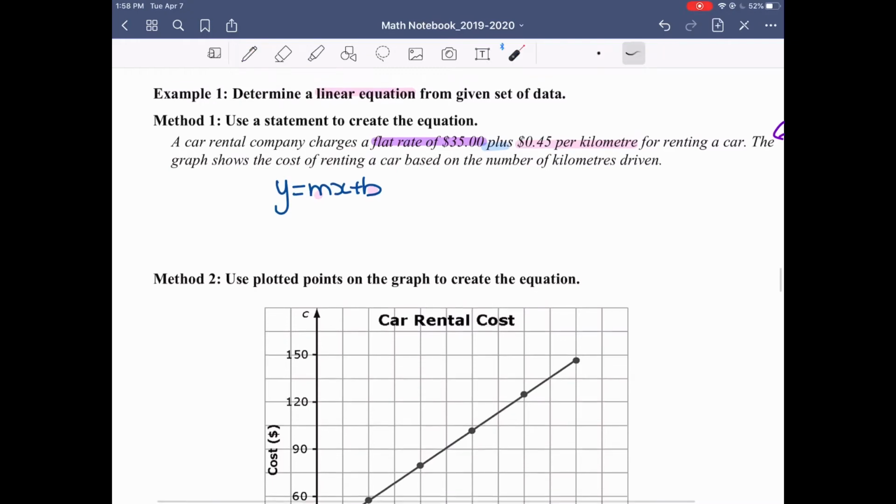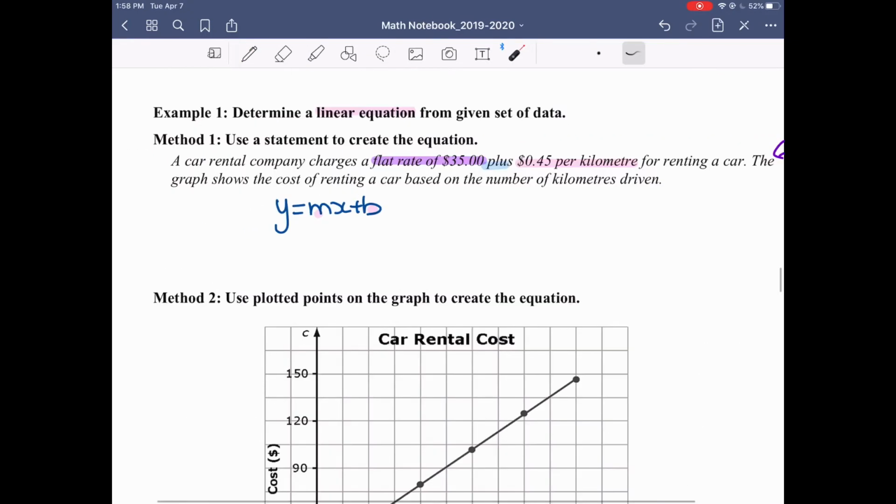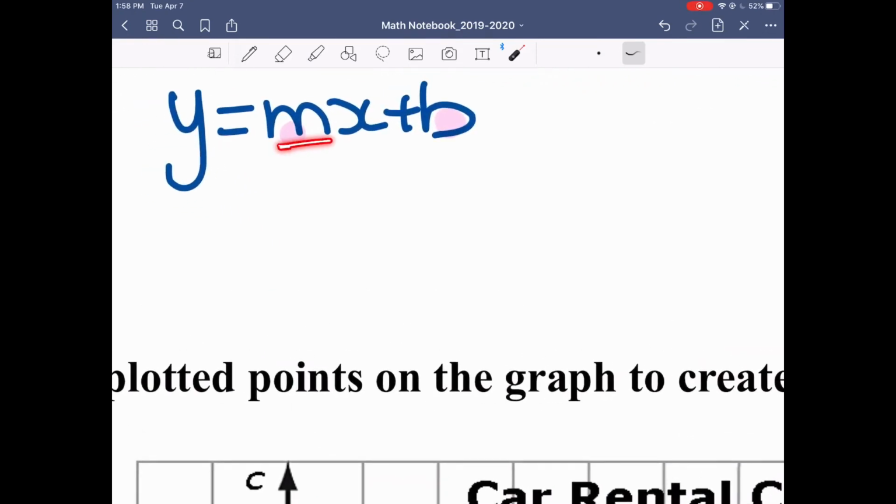So if you look here, m, the slope, is actually a coefficient, right? It's attached to x. It's a coefficient of x, which means x depends on the slope, m. If m is 1, x is multiplied by 1. If m is 5, x multiplies by 5. If m is 15, x multiplies by 15.